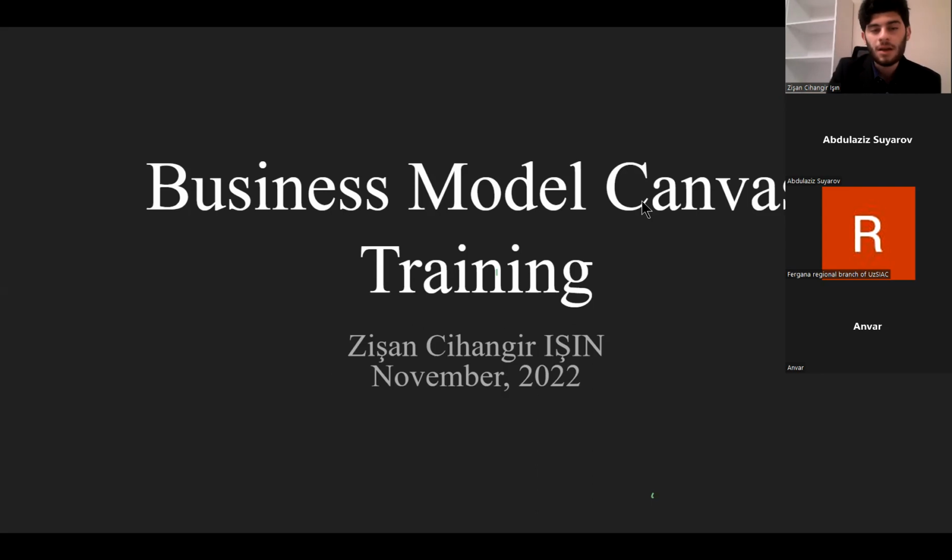so that's why I wanted to specifically give this training, because this business model canvas is actually something a person in charge of a company or a part of a company should do to see if their idea or their company or their startup will work.